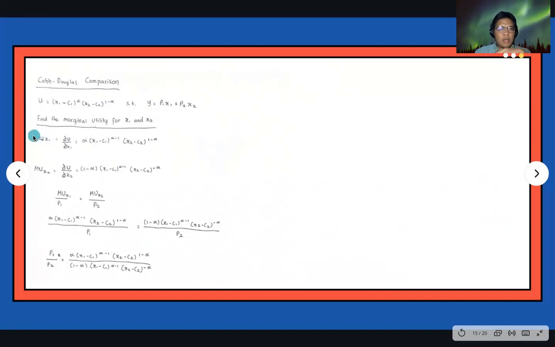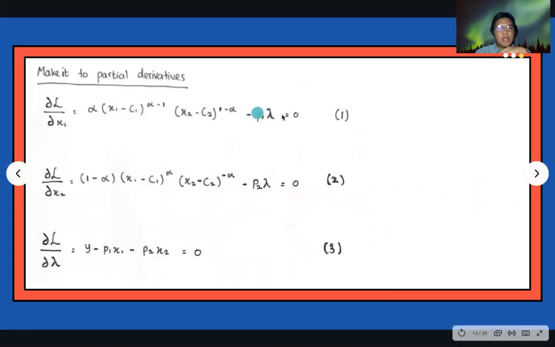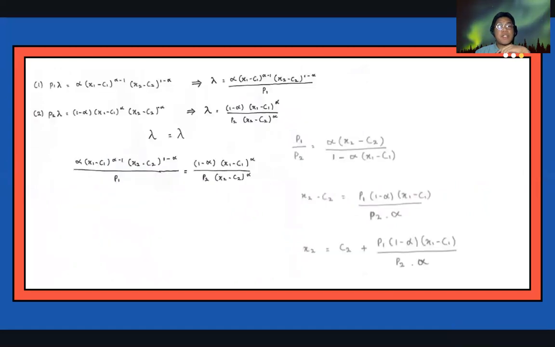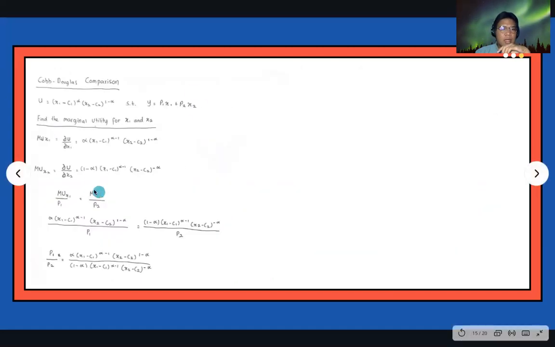The marginal utility of x1 is found by deriving the utility function with respect to x1, and this is the result. It's basically the same as this, but without using the derived constraint function, and do it as well for x2.